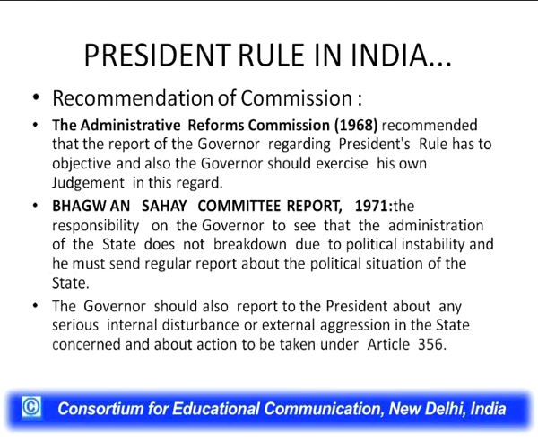If the governor gives any adverse report regarding the prevailing law and order situation in the state, then what the Administrative Reforms Commission 1968 recommended is that such a report has to be objective and based on his own judgment, and the judgment the governor is required to exercise has to be sound judgment.